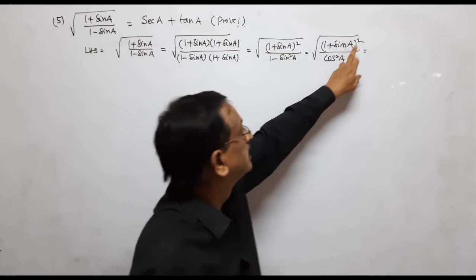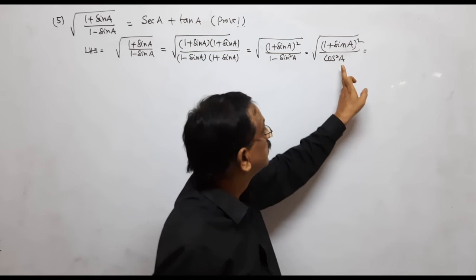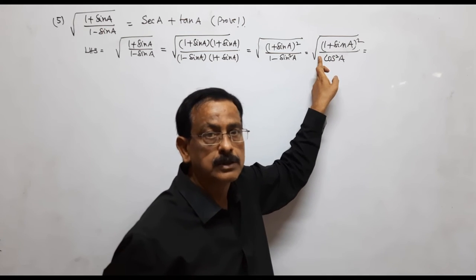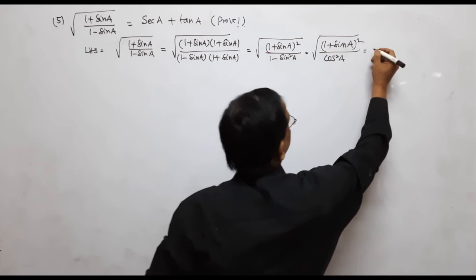observe very carefully, there is a square here, there is a square here, it is under the square root, so the square and square root go out.